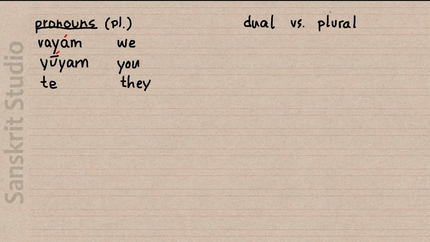Because as you perhaps already know, in Sanskrit you have not only plural, but we also have dual, which means that this is a group of 2 people, a pair of people.